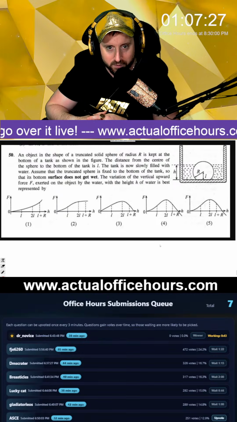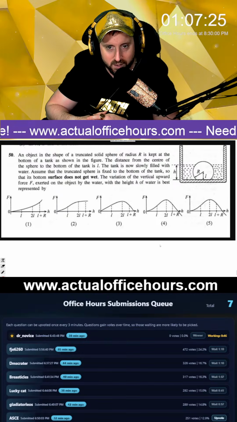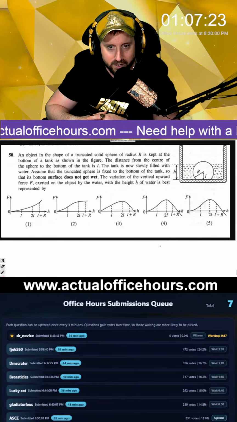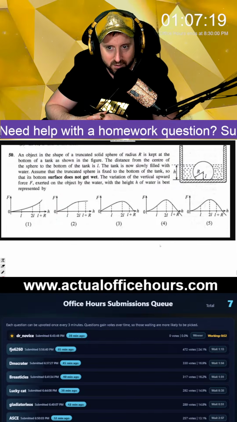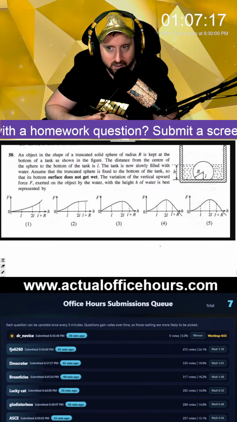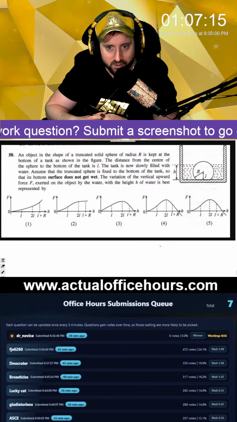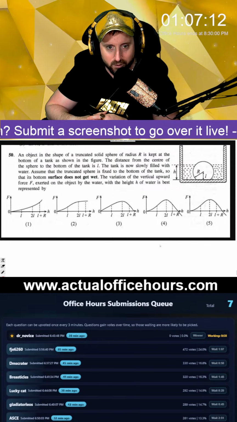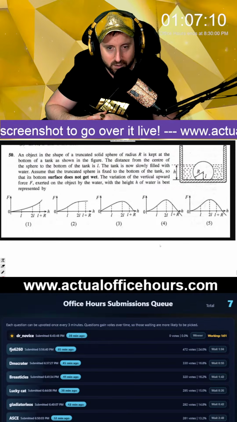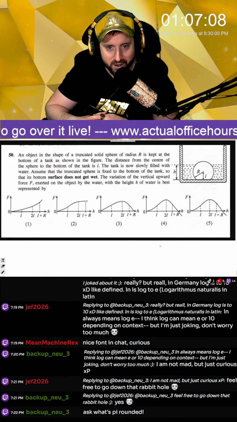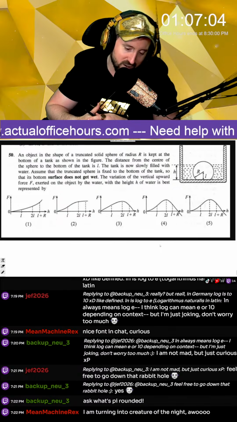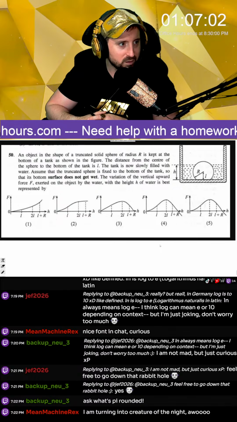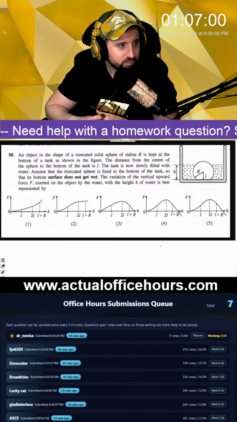The distance from the center of the sphere to the bottom of the tank is L. The tank is slowly filled with water, assuming the truncated sphere is fixed to the bottom of the tank so that the bottom surface does not get wet. The variation of the vertical upward force exerted on the object by the water with height h of the water is best represented. Okay, this is buoyancy, no?